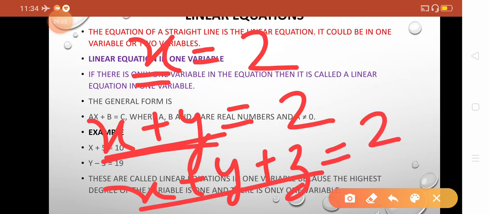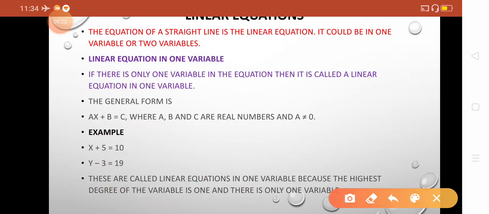Clear? So what is a linear equation in one variable? In a linear equation of one variable, only one letter or variable is present on both sides. That means if x is present on both sides, only x is present, no other letter should be there. Clear? In general form we can say ax plus b is equal to c.